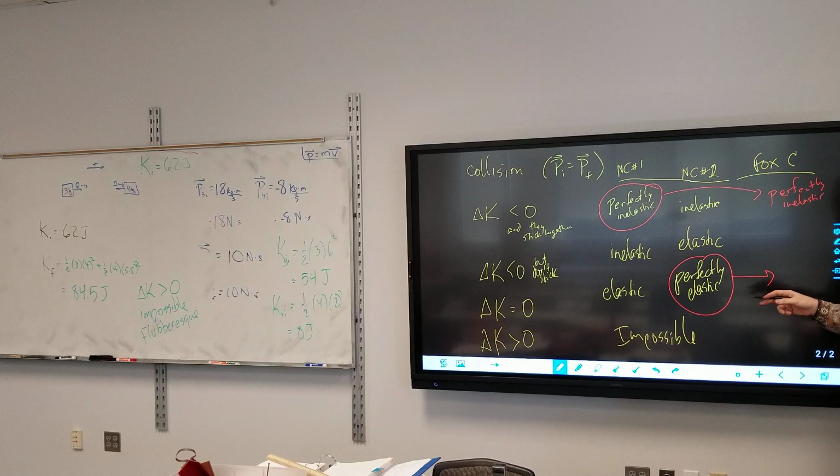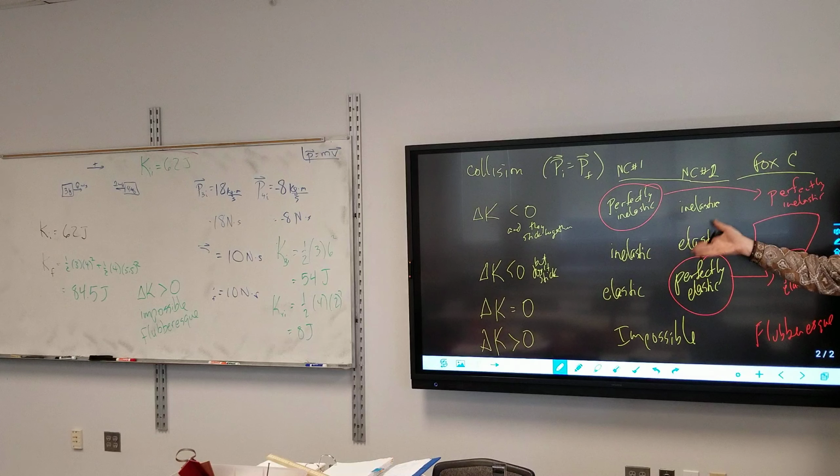If kinetic energy is conserved, in addition to momentum being conserved, I do perfectly elastic. Impossible, as we just introduced, is what I refer to as Flubberesque. And that leaves the gap right here, where if I use inelastic or elastic, I deal with possible confusion. A couple years ago, students did suggest a word that I liked, imperfect. So those are the imperfect ones.